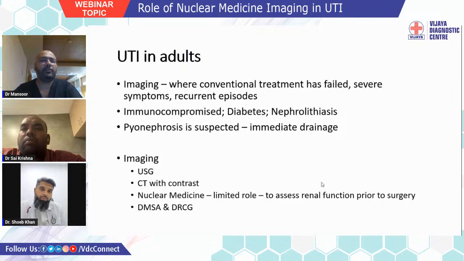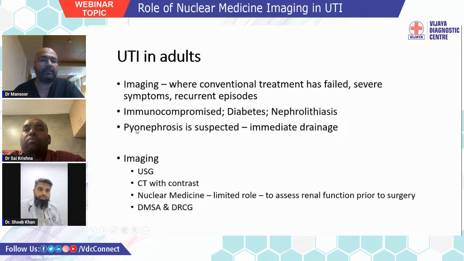And UTI in adults: where conventional imaging and treatment have failed, there comes the role of nuclear medicine. It's more common in immunocompromised patients, with diabetes, and with renal calculi. When pyonephrosis is suspected, there is a chance that it might be due to obstruction.